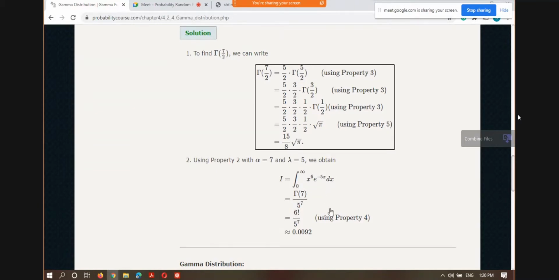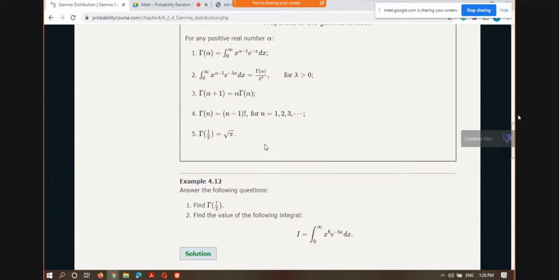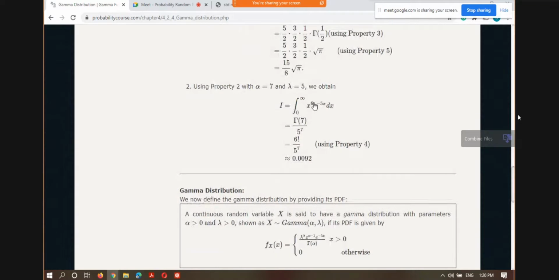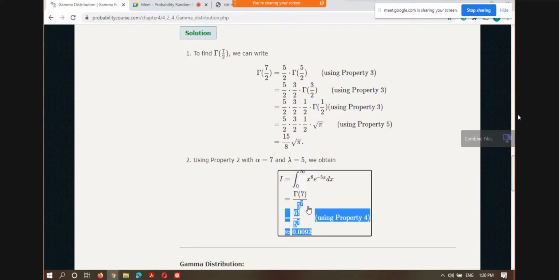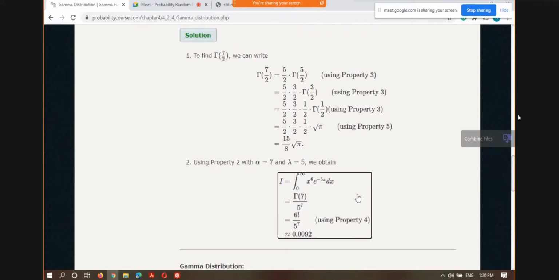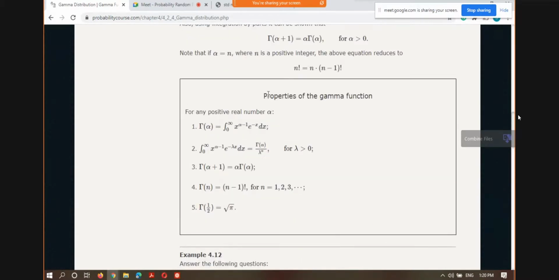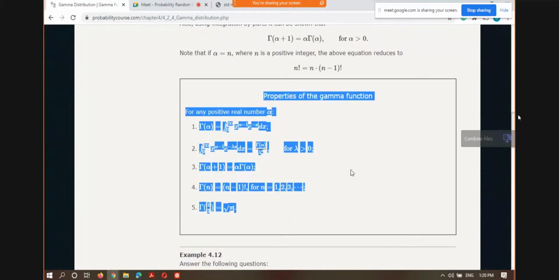Using the expression that the integral from 0 to infinity of x raised to power alpha minus 1 times e raised to power minus lambda x dx equals gamma alpha upon lambda raised to alpha, for lambda greater than 0, it is in that form. Instead of 6, we can write 7 minus 1, so we get gamma 7 upon 5 raised to power 7. So you can use these properties to calculate integrals.